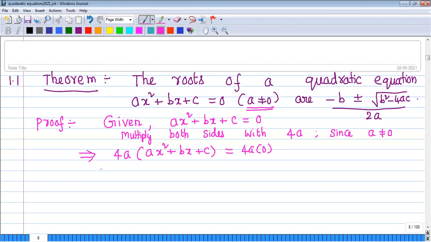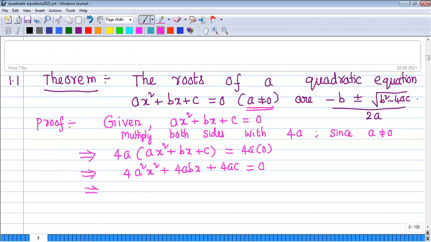Open the bracket. If you open the bracket, you get 4a square x square plus 4abx plus 4ac. 4a into 0, you will get 0. Take this 4ac to the right hand side.